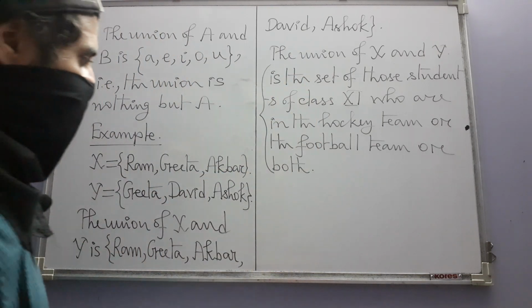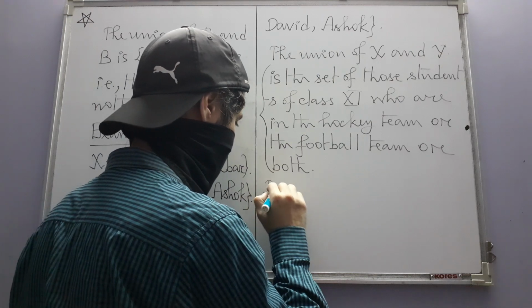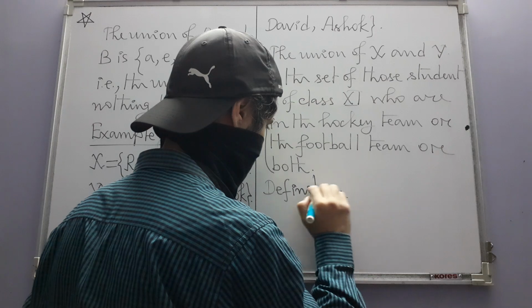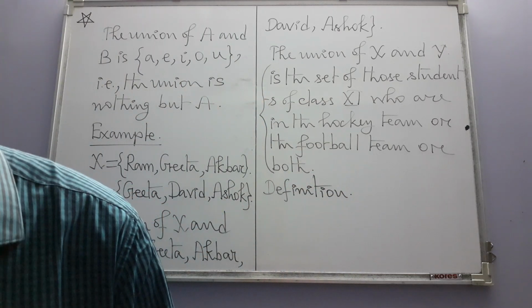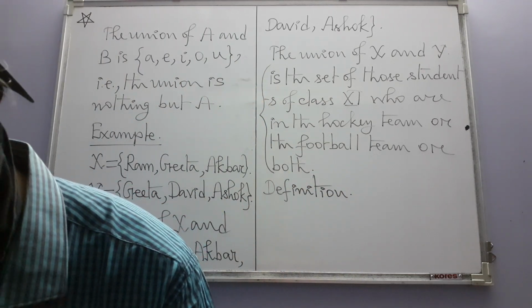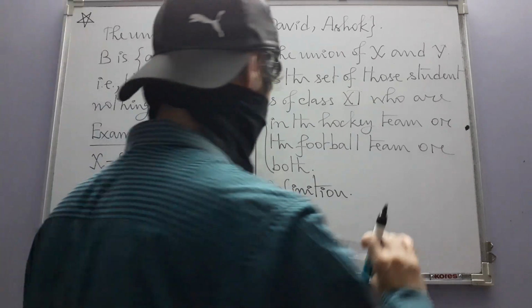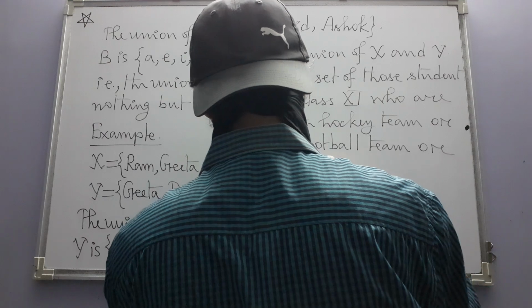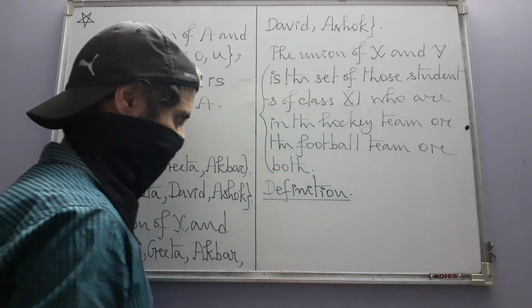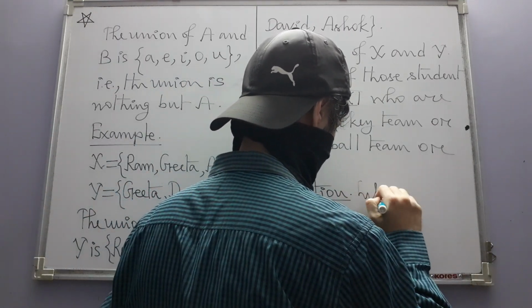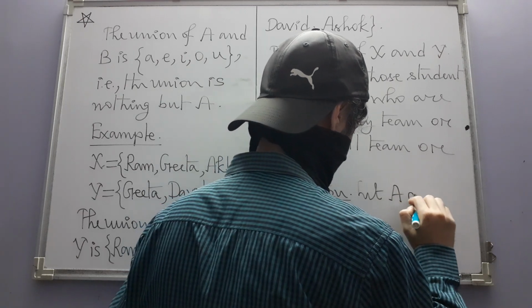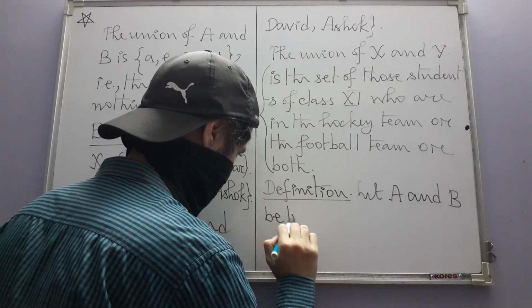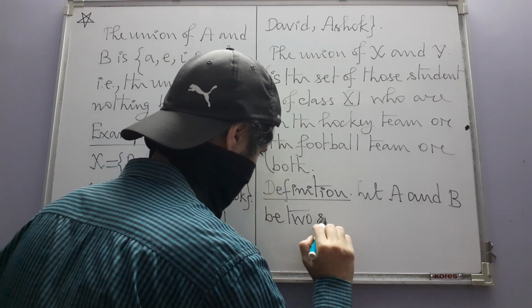And now comes the definition. The definition is slightly formal. So here's the definition. Let A and B be two sets.